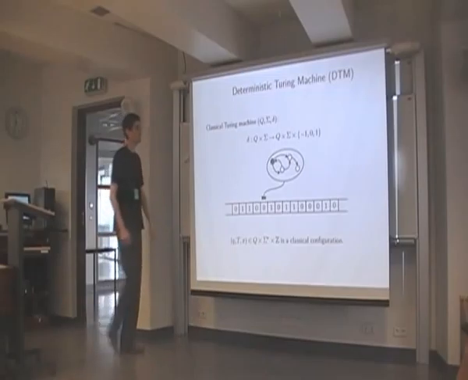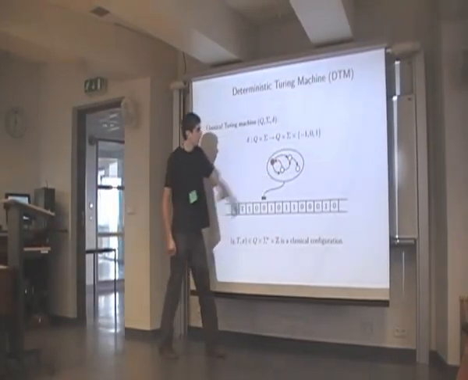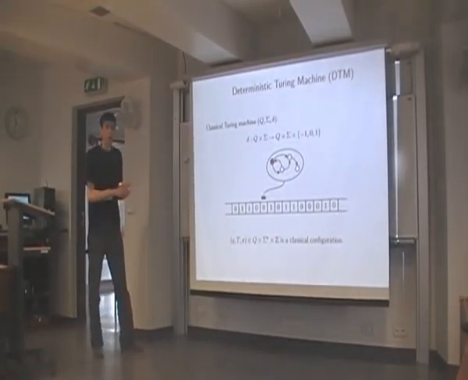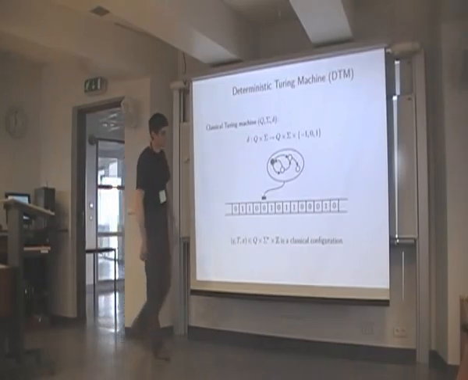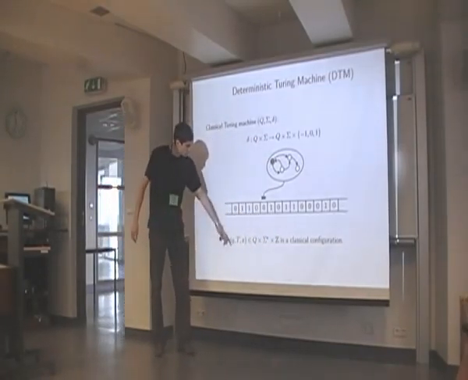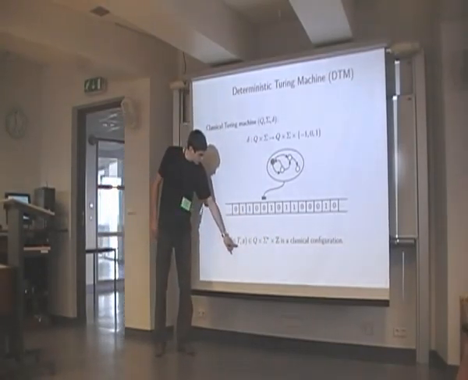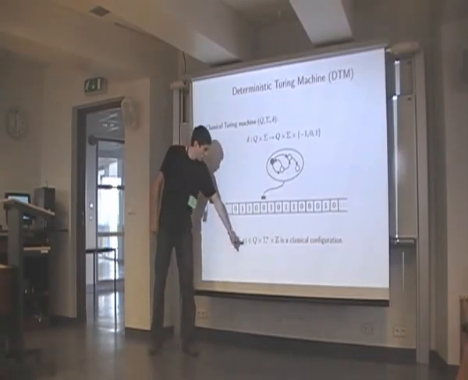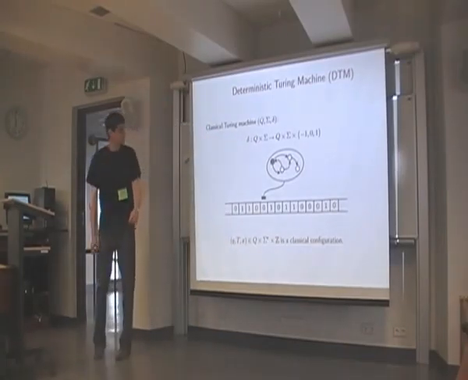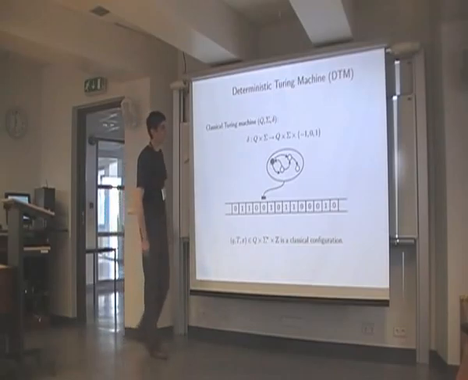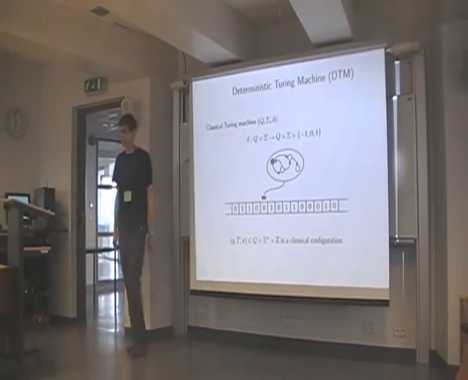And you have the internal state here. The description of the machine, the state of the machine, is given by the classical configuration: the internal state, the finite word which is on the tape, and the position of the head. And the evolution of the machine is described by the transition function.